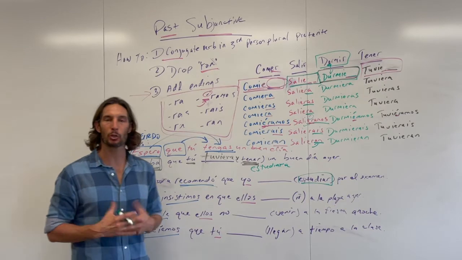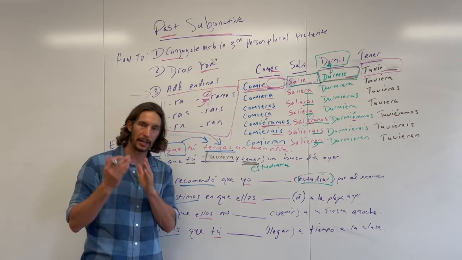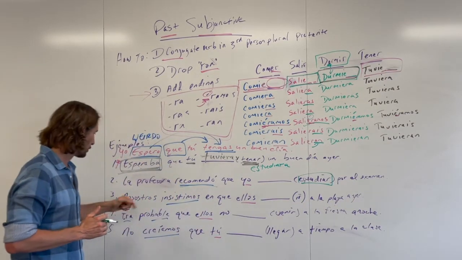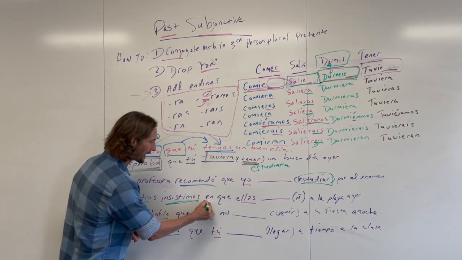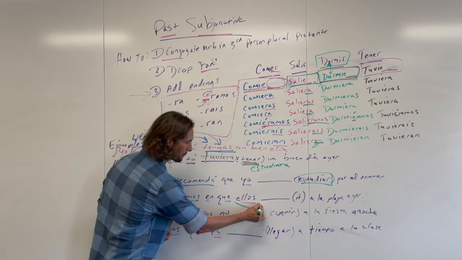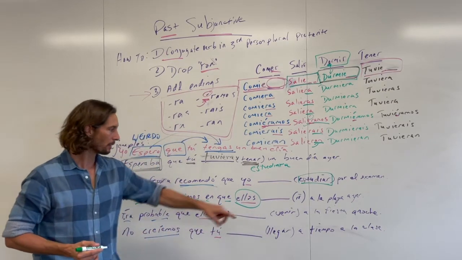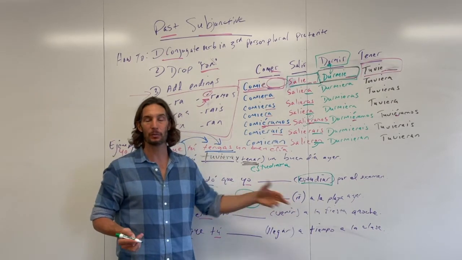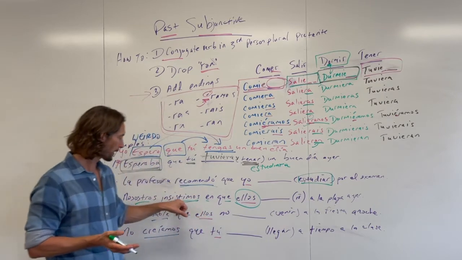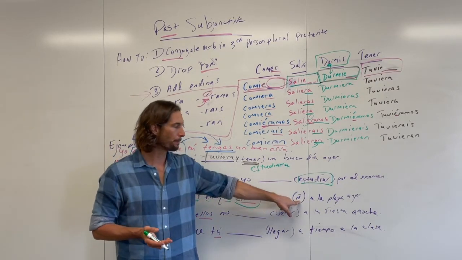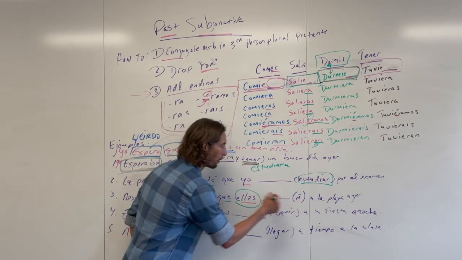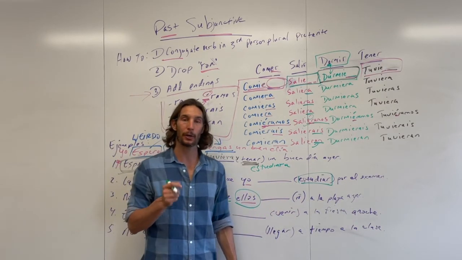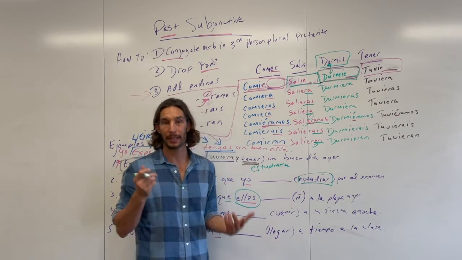Moving along to number 3. Nosotros insistimos, we insisted, right? Again, past tense weirdo. Nosotros insistimos en que, right? Subject of the second clause. Verb in question, ir, which needs to be in the subjunctive. Past tense weirdo, past tense subjunctive, right? And so ellos, and then what is ir in the third person preterite? That's fueron, right?